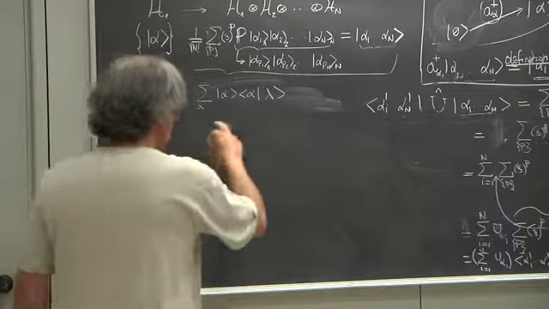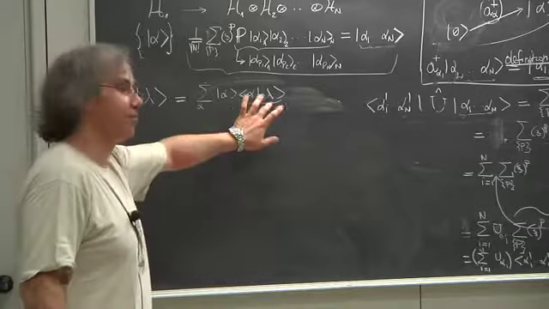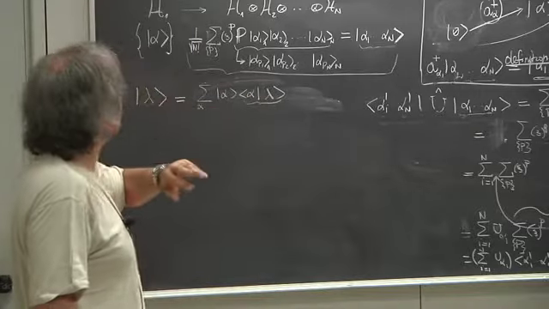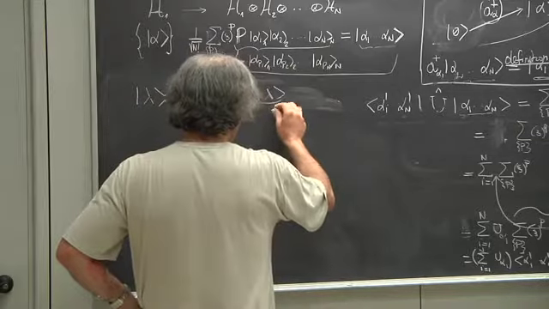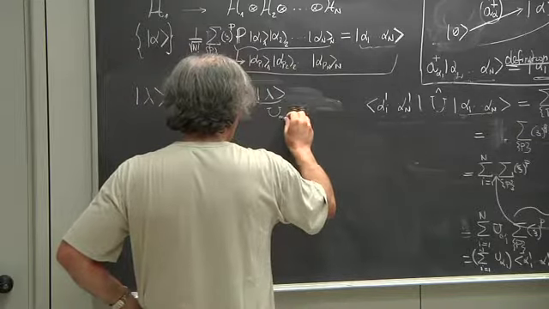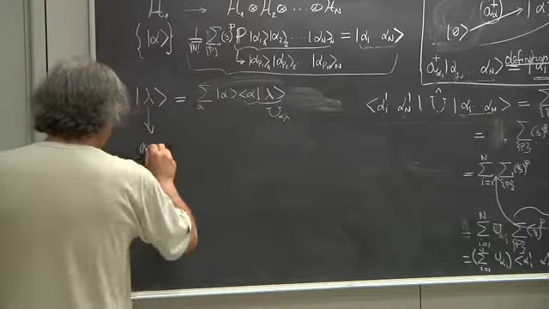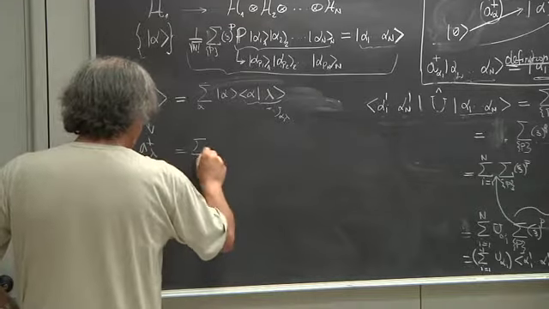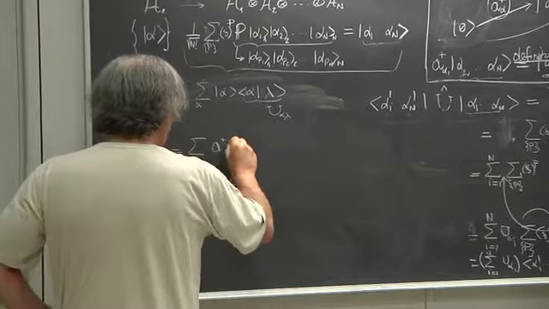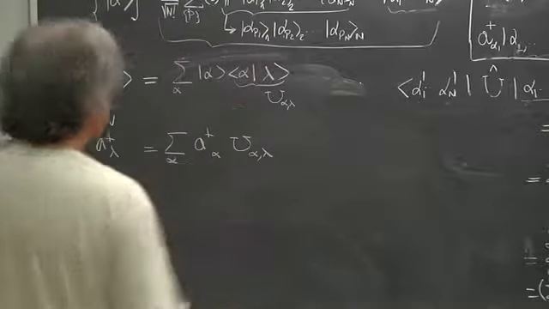So this is simply some matrix, some unitary matrix in fact, since these are two orthonormal bases, so some U alpha lambda object. I don't know how I called it last time; it doesn't matter. This means that A dagger lambda in this new basis should be equal to the sum over alpha of A dagger alpha times U alpha lambda.